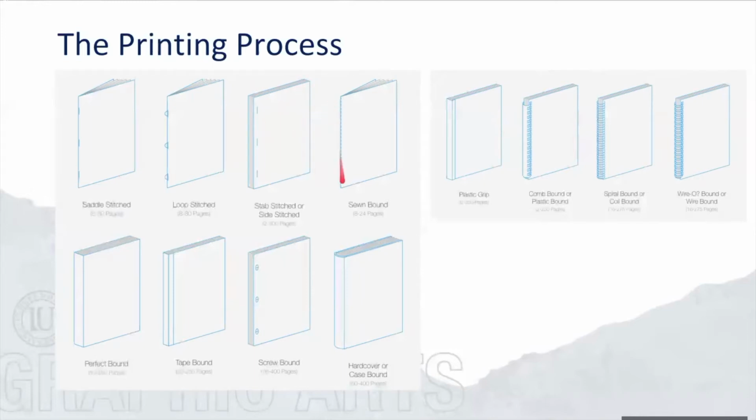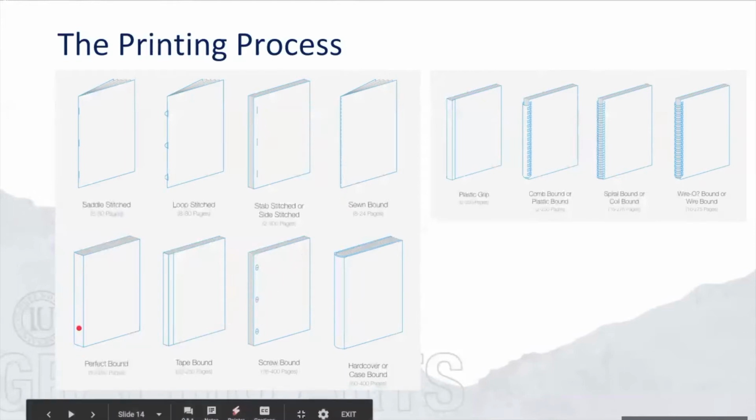You have a sewn bound. You have the perfect bound, which is, again, most books that you see, a paperback book. You have a tape bound. This reminds me of those notebooks.